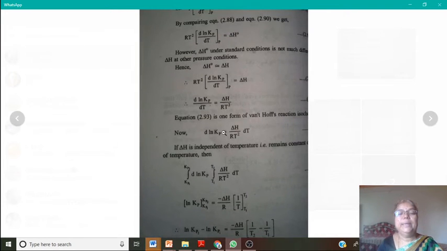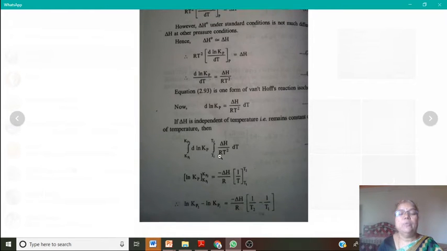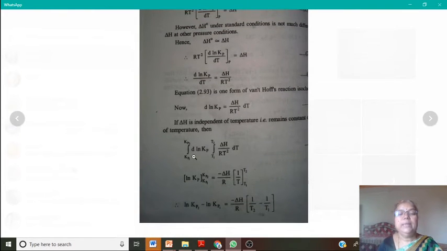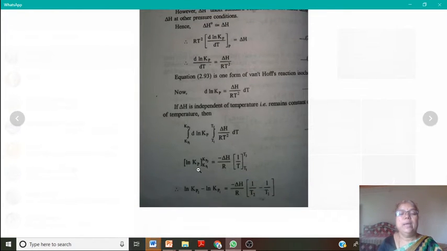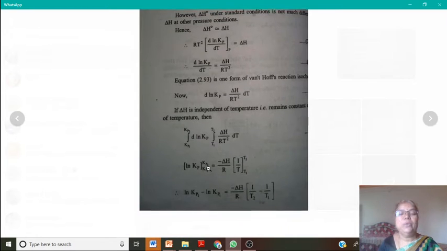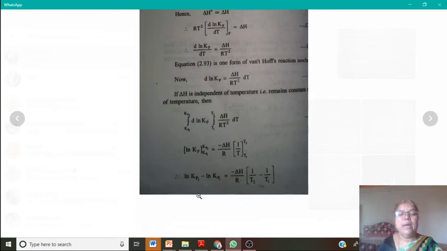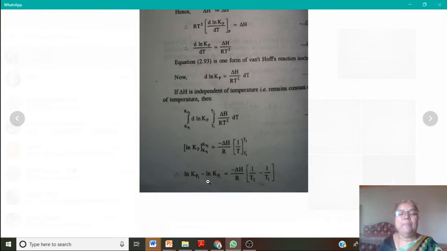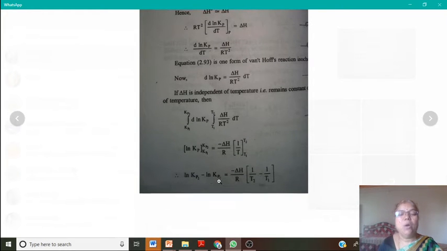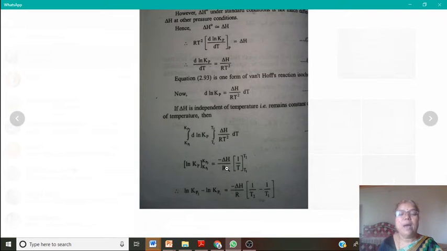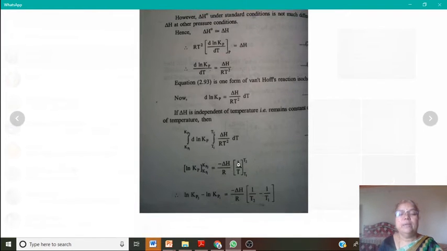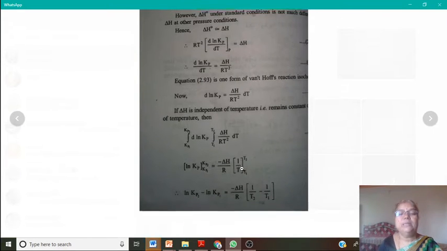Integrating within the proper limits, the integration of d ln Kp within the limits Kp1 to Kp2 gives ln Kp2 minus ln Kp1, and it is equal to ΔH by R, a constant, with a negative sign, since the integration of 1/T² is minus 1/T.